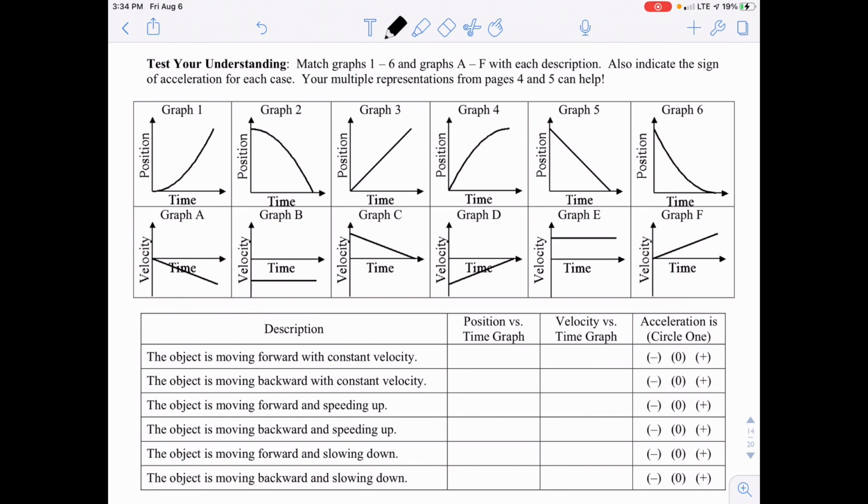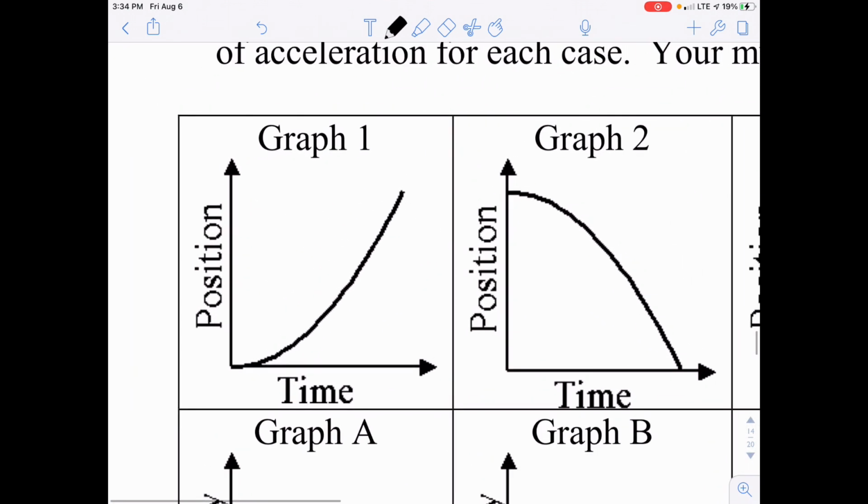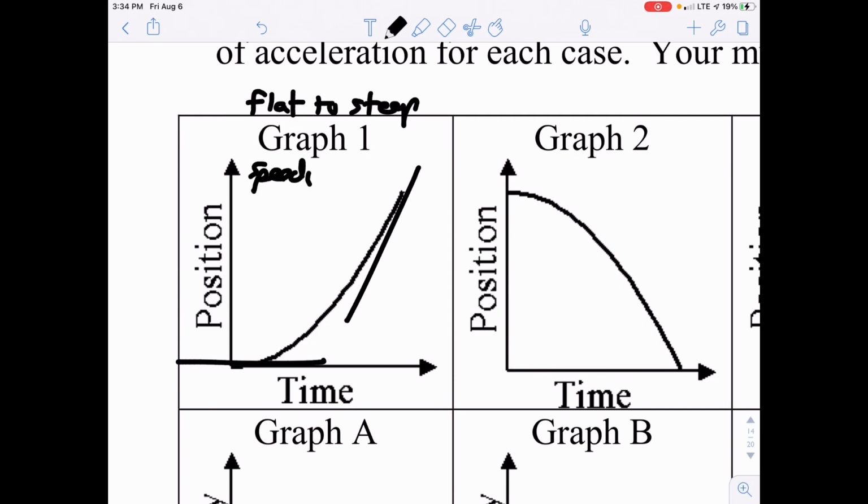So for instance, if I start here with graph 1, I'm going from flat slopes to steep slopes, right? And anytime I go flat to steep, what am I doing? I'm speeding up, but I'm speeding up with positive slopes. I'm speeding up in the positive direction. So speeding up, direction's positive. This is positive constant acceleration. Okay?